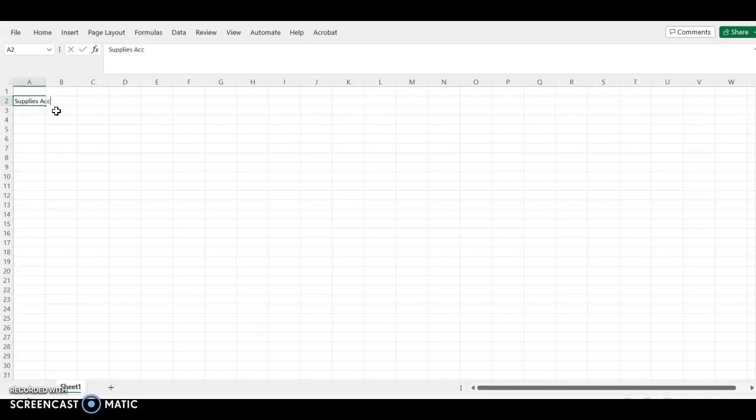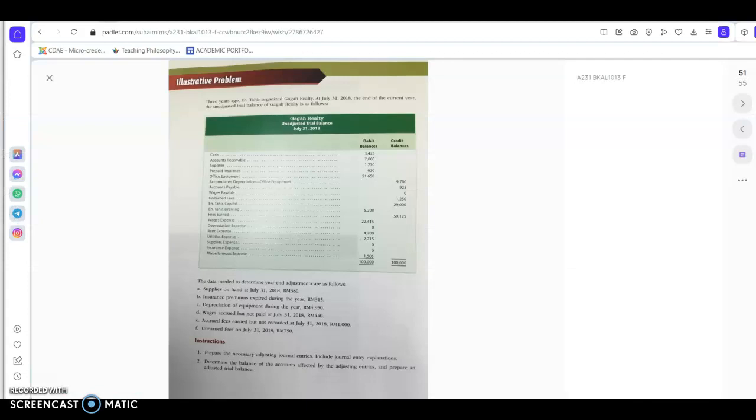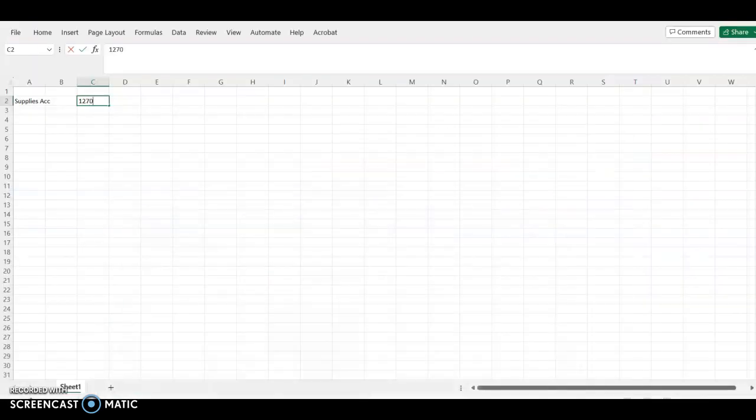Supplies account. This is the unadjusted trial balance, and this is the supplies account, 380.